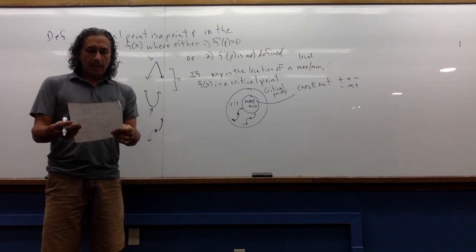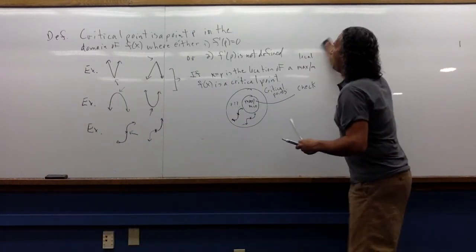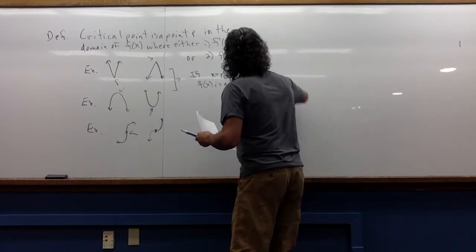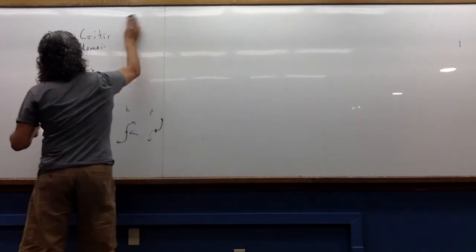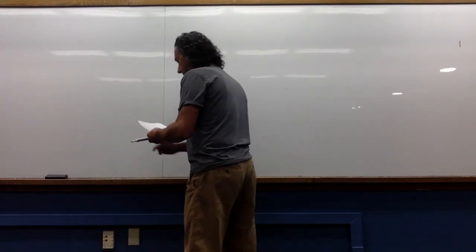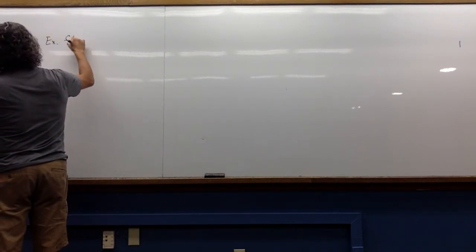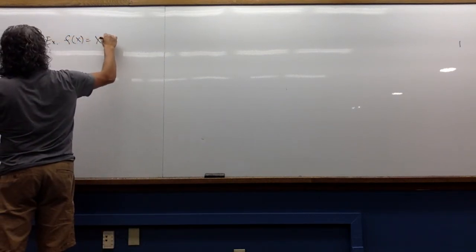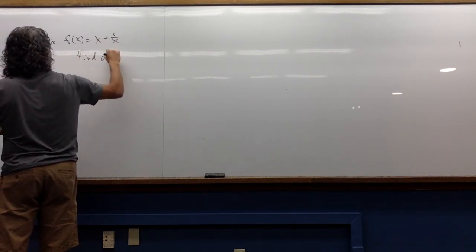All right, so let's do one more example with critical points, just finding the critical points. I'm not really interested right now in max or min. I just want to see if I can find critical points. So let's say, for example, f of x equals x plus 1 over x. Let's find the critical points.